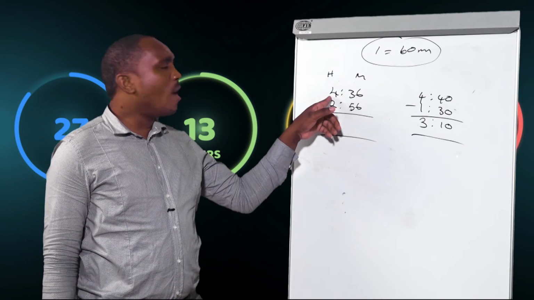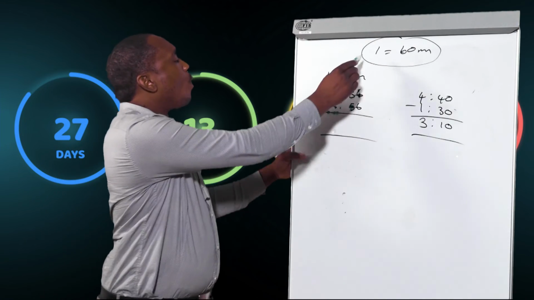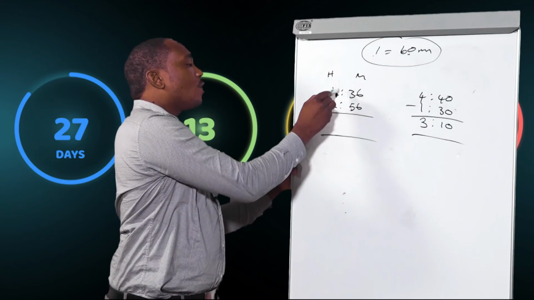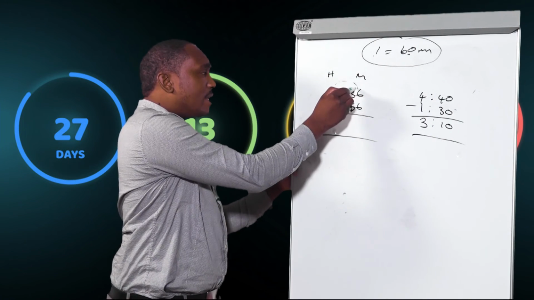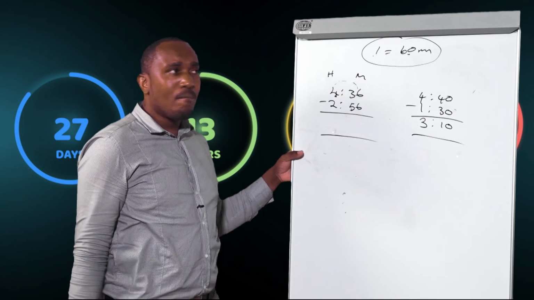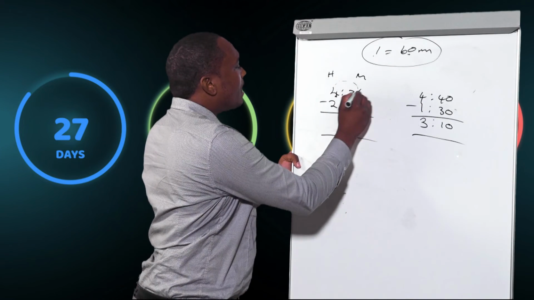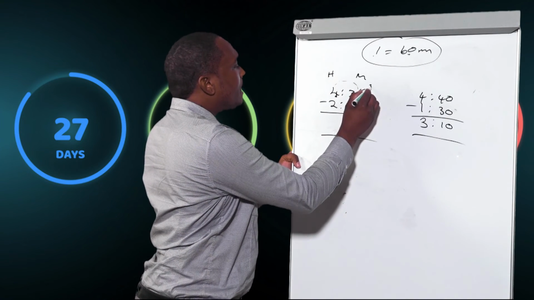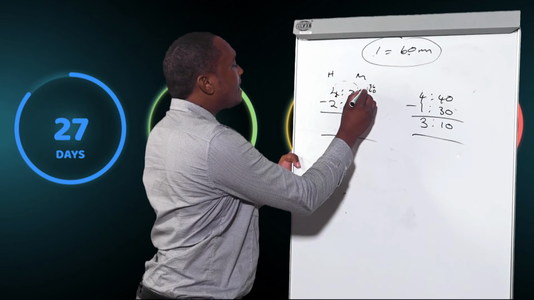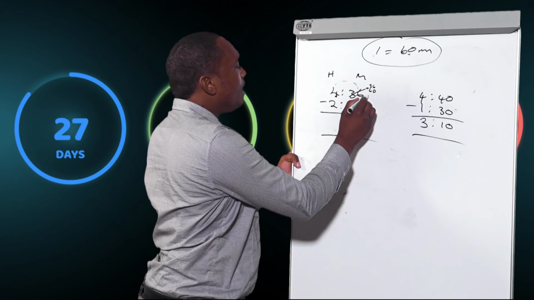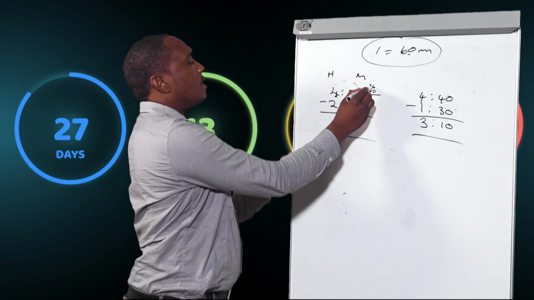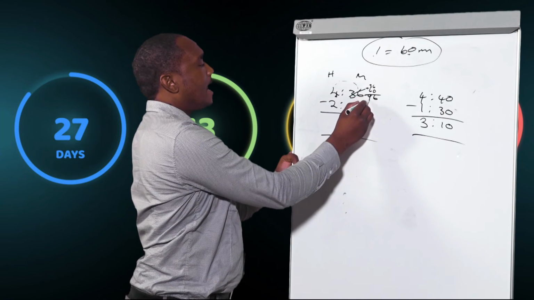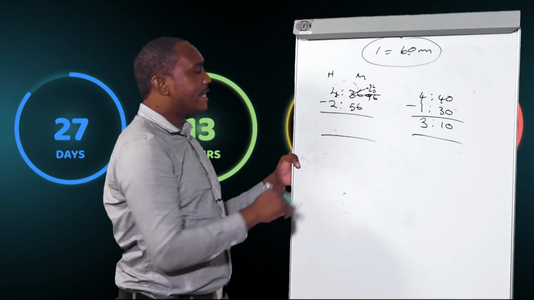Remember, 1 equals 60. So the one you get from here, when it crosses coming this side, it will be 60. So this one now will be 30 plus 60, which is 96.